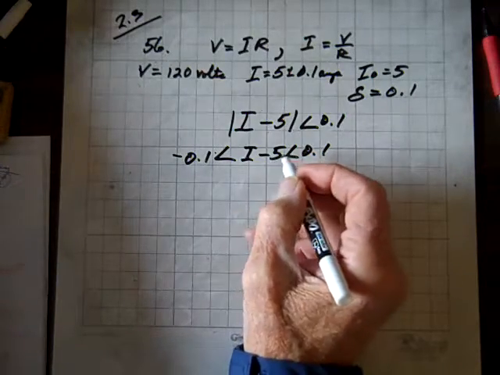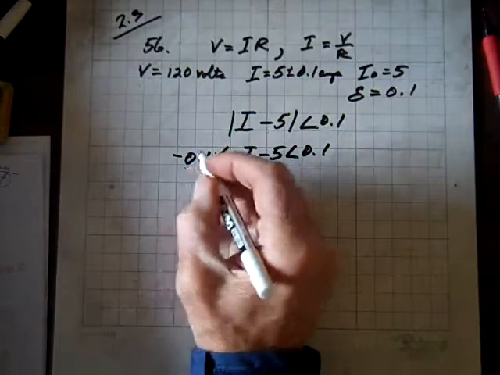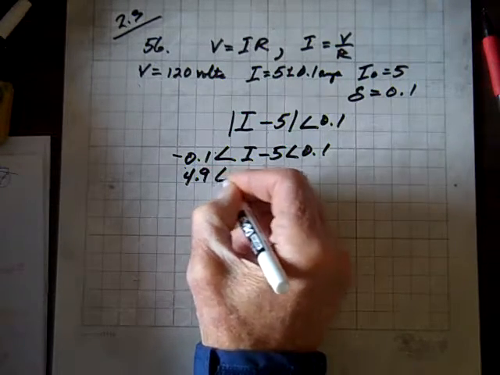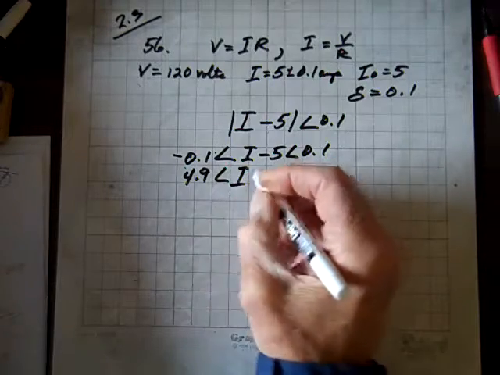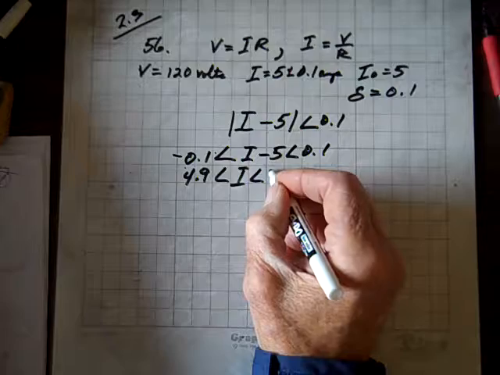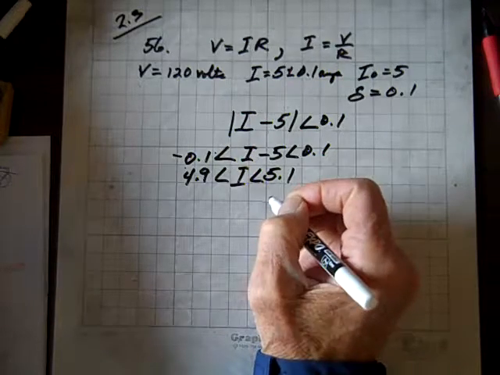Now let's add 5 to each interval, and if we add 5 to this interval, we'll get 4.9 less than I, which is less than 5.1.